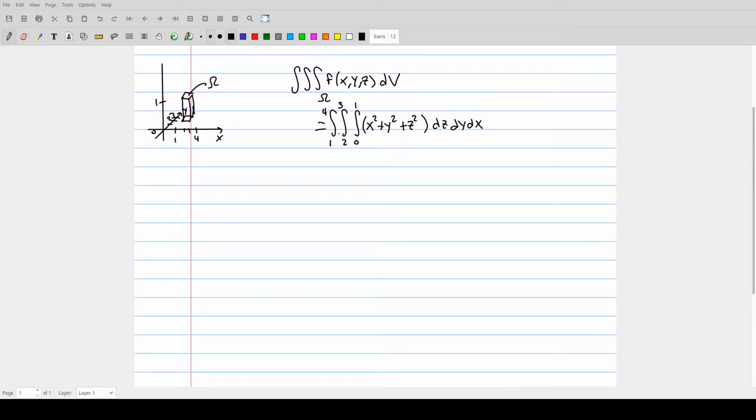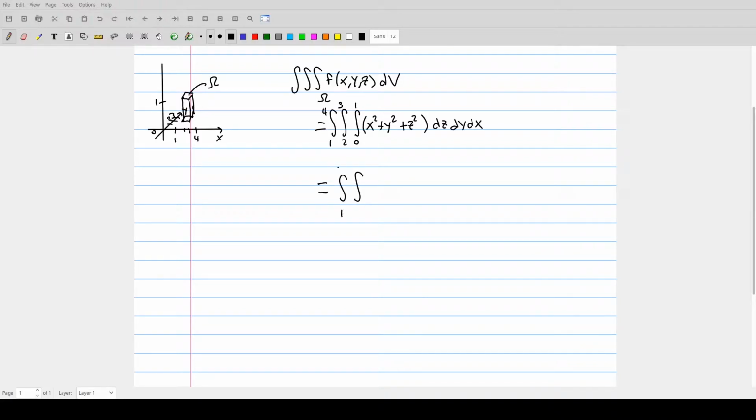To evaluate something like this, this is saying find the accumulation of this function over this rectangular region omega. And just like for double integrals, this evaluation is going to be done by doing the inner integral first, then the middle integral, and then the outermost integral. You can also see this if you go through and take this integral.